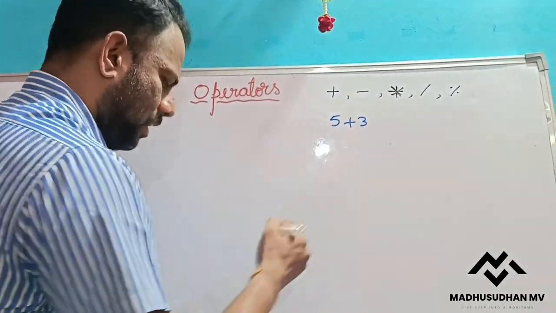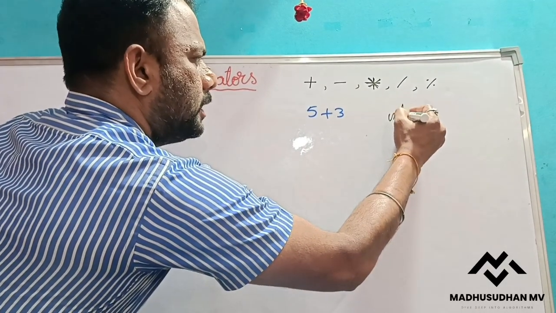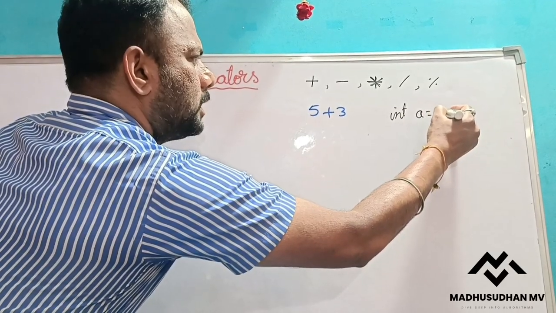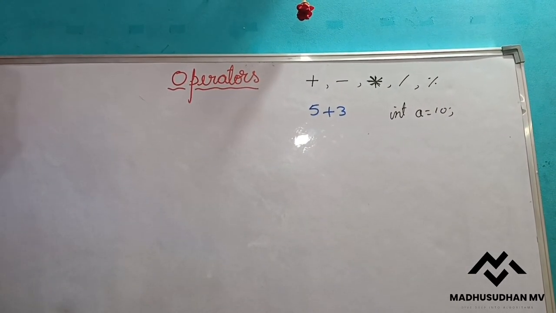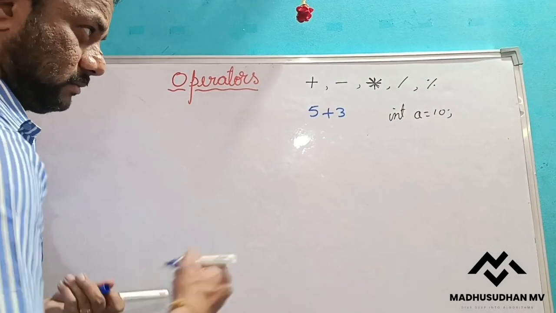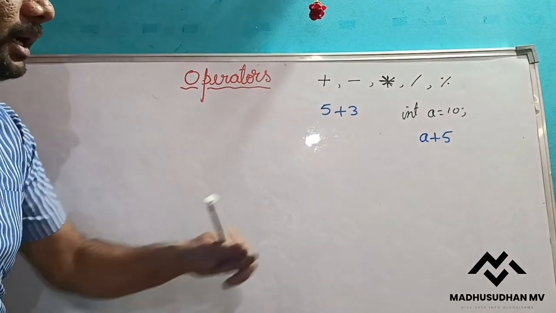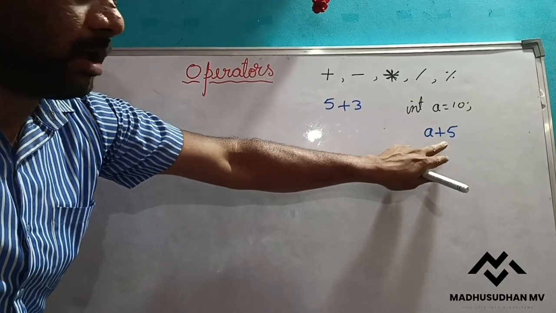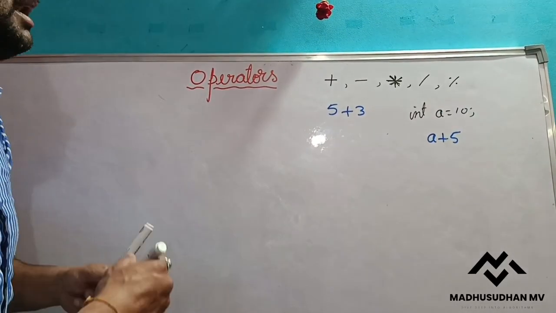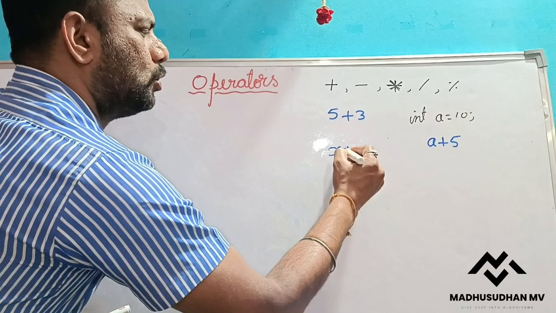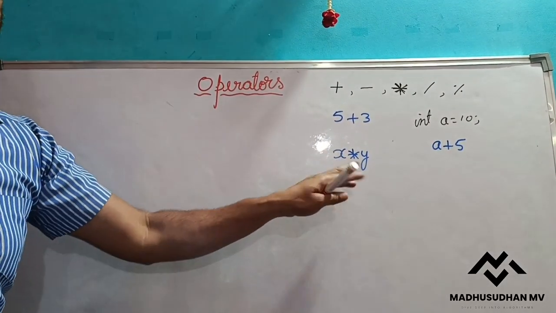Or suppose I take int a is equal to 10. Now a is a variable which holds 10. For that I can say a plus 5. Here I am performing an addition operation on two operands, one a variable and another a constant. Or similarly I can say x into y. Here I am performing an operation on two variables.